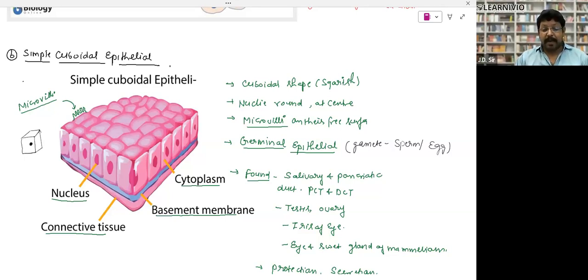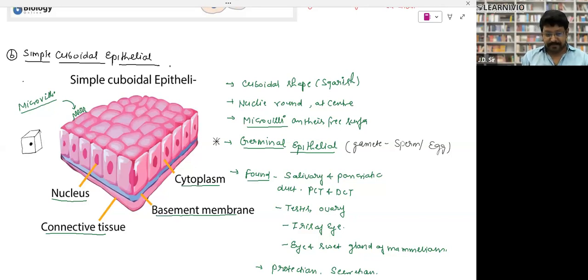And germinal epithelium, this is very important. Basically, formation of sperm and egg inside the testis and ovary takes place from cuboidal epithelium in any animal. Formation of gametes like sperm and egg takes place from these cuboidal cells, and these cuboidal cells are called germinal epithelium.